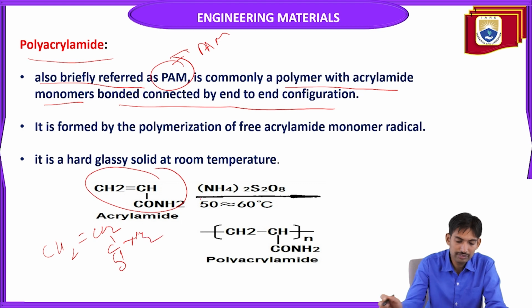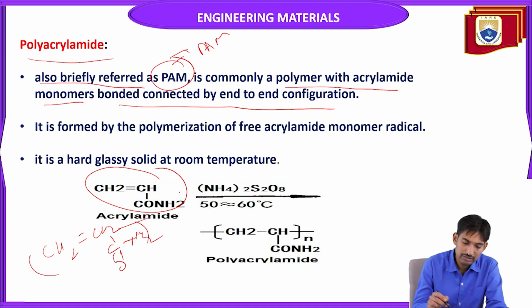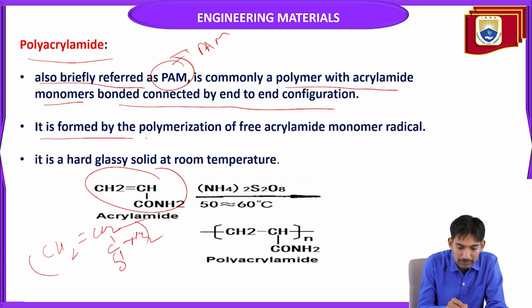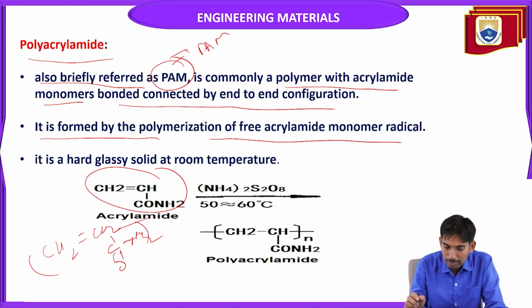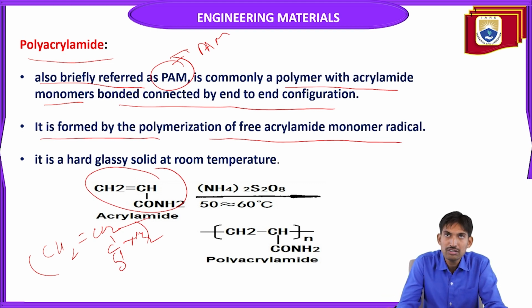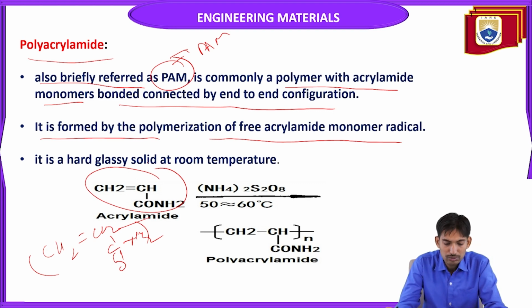This is the structure of acrylamide. These acrylamides are bonded to each other end to end. It is formed by the polymerization of free acrylamide monomer radicals. It is a hard glassy solid at room temperature.